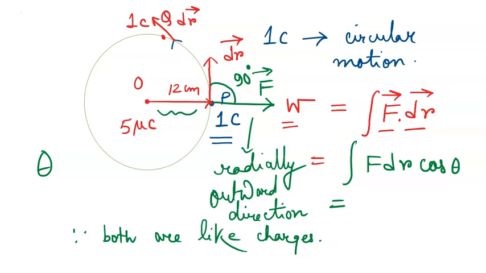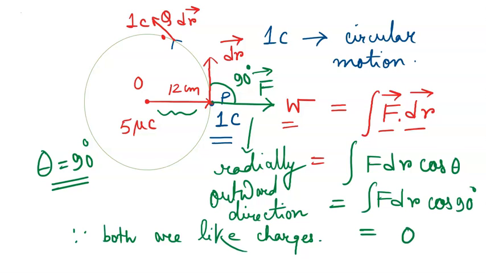Here theta is equal to 90 degree. So it will be F dr cos 90, and we know that cos 90 is equal to 0. It means the work done is 0.